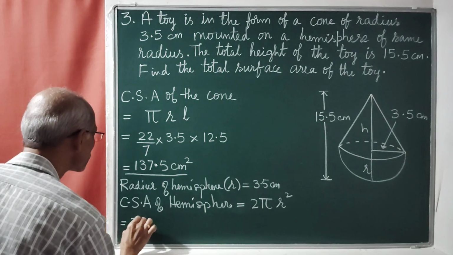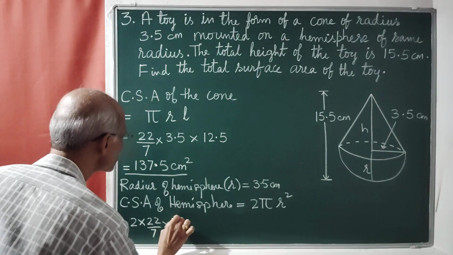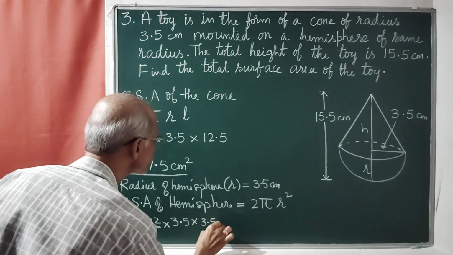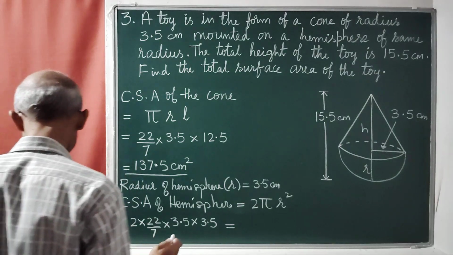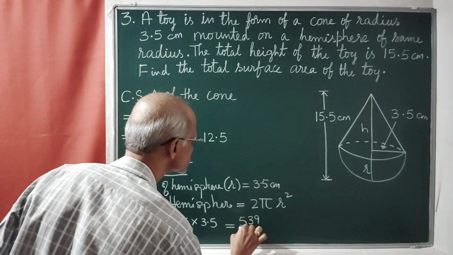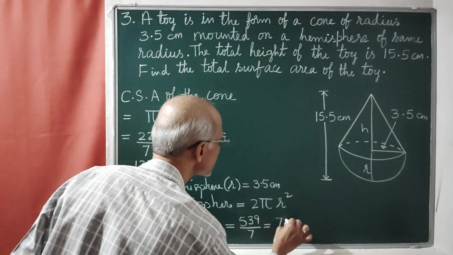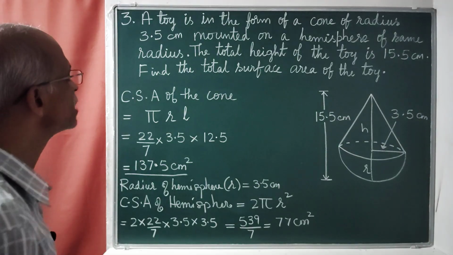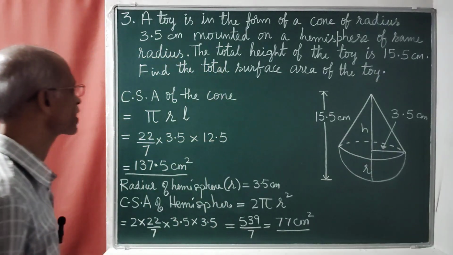That's equal to 2 into 22 by 7 into r square, 3.5 into 3.5. This if you calculate, we'll get 539 by 7, that's equal to 77 centimeter square. The CSA of the hemisphere is 77 centimeter square.